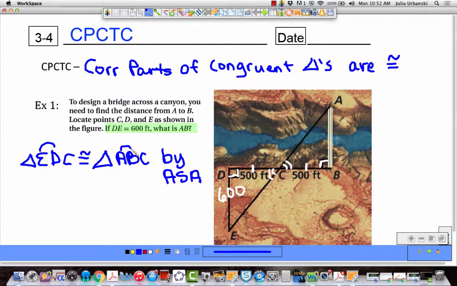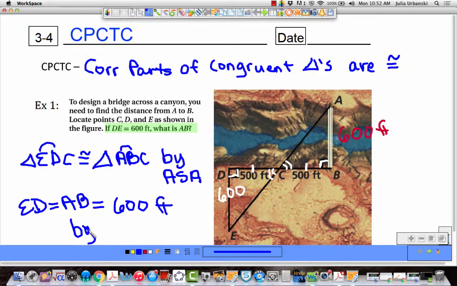The right angle to no mark goes with the right angle to no mark. So what's AB going to be also? 600. And that's by using corresponding parts of congruent triangles. So ED equals AB, which both equal 600 by CPCTC.